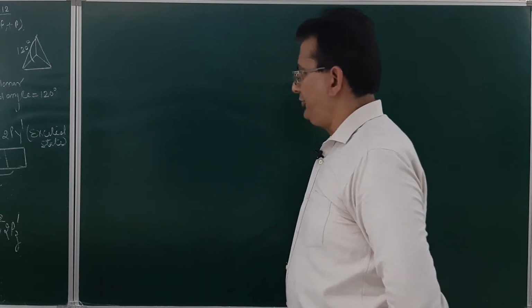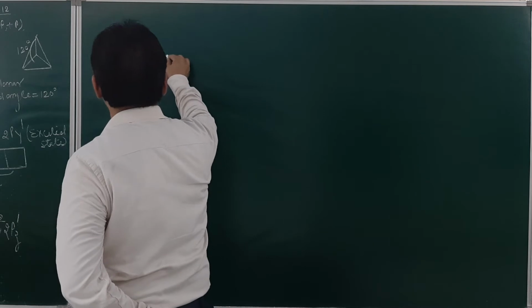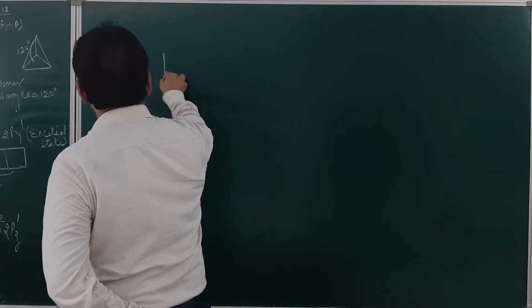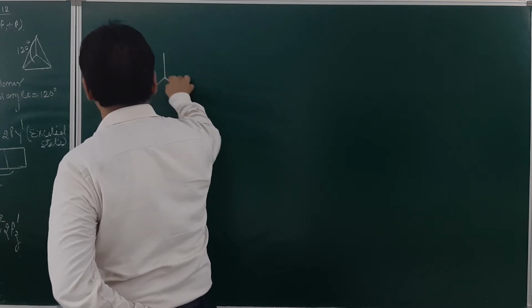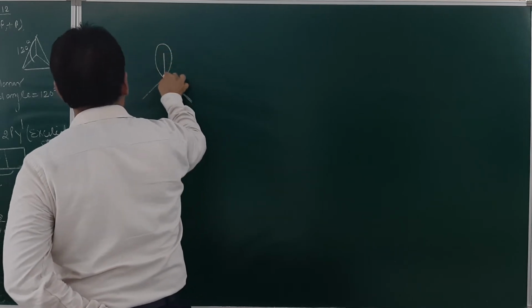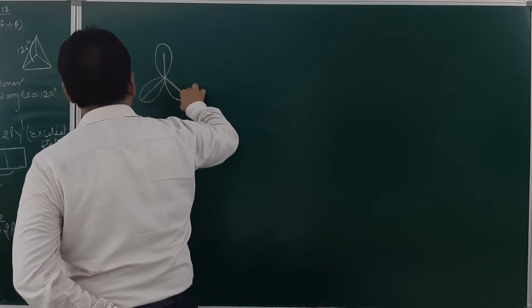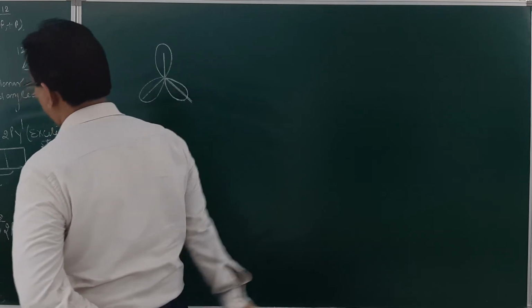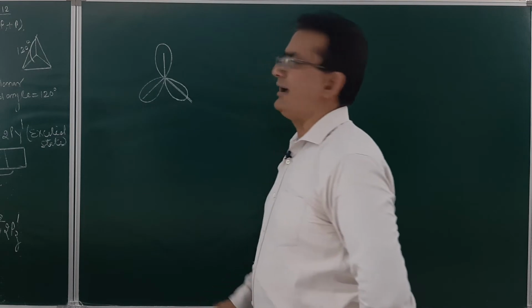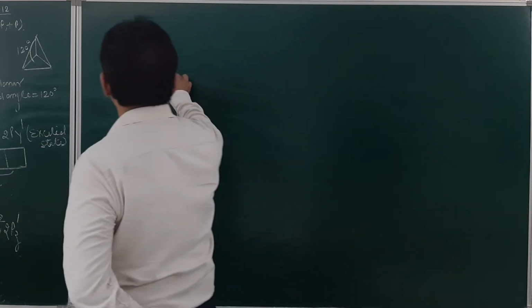So just see, student, these are 3 sp2 hybrid orbitals. This is one sp2 hybrid orbital of boron, this will be another, and this will be the other sp2 hybrid orbital. Hybrid orbitals are represented with a larger and a smaller lobe.